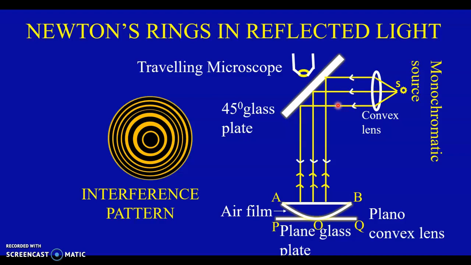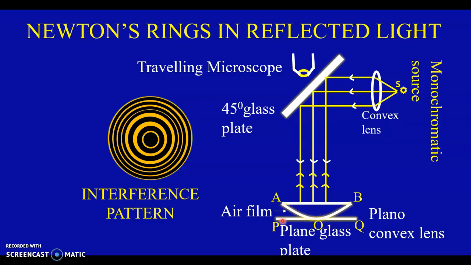This parallel beam of light falls on a glass plate which is inclined at an angle of 45 degrees with the horizontal or vertical. The purpose of this glass plate is to direct this parallel beam of light onto the air film which is formed between the plano-convex lens and plane glass plate.